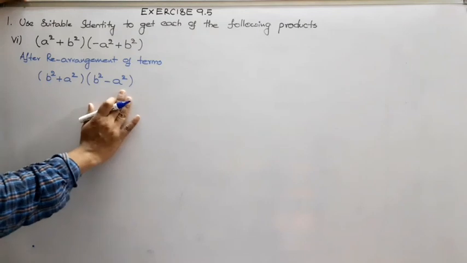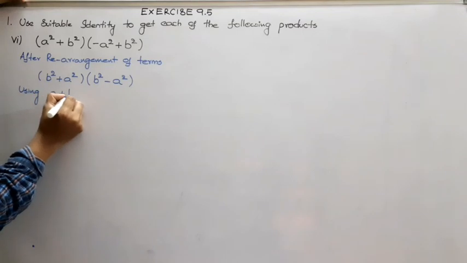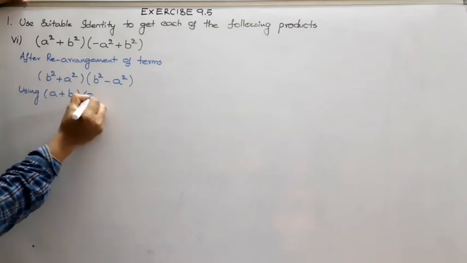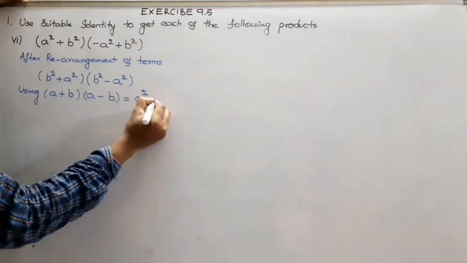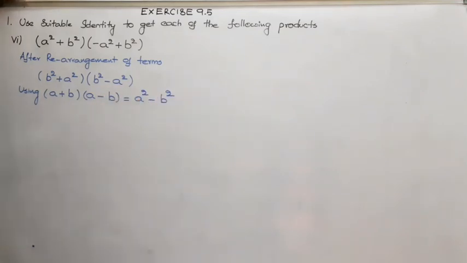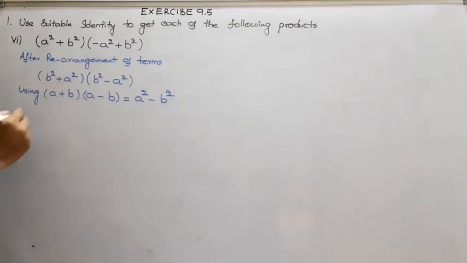Now we can see an identity in it. Look, using (a plus b) multiplied by (a minus b) is equal to a square minus b square. Now in place of a we have b square and in place of b we have a square.